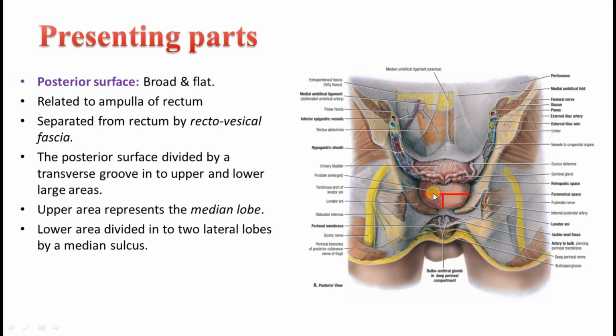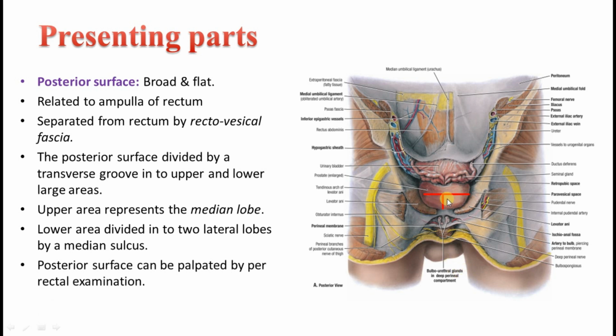Along this transverse groove on either side, it is pierced by the ejaculatory ducts. So the posterior surface is flattened, broad and flat, and it is related to the ampulla of rectum. You see a transverse groove which divides the upper small part and lower large part, and that lower part is again divided by a vertical groove into two lateral lobes.